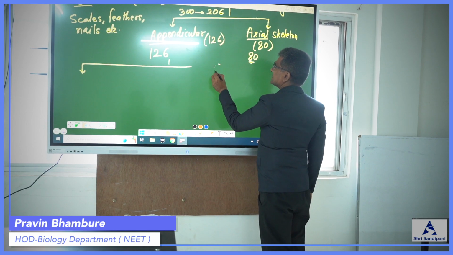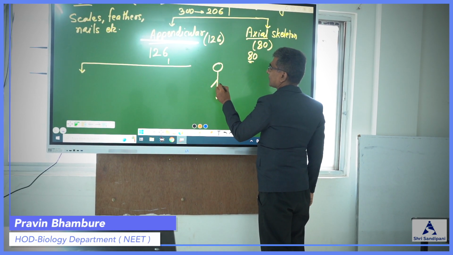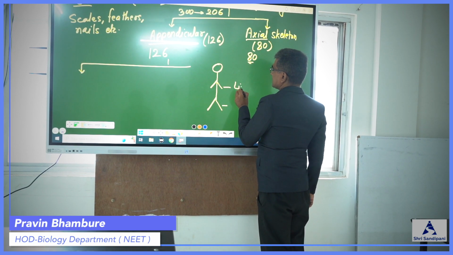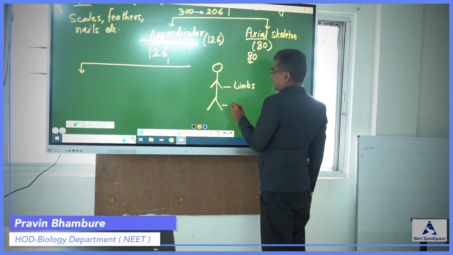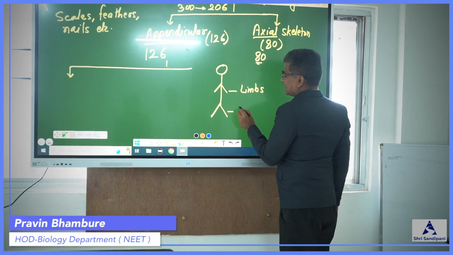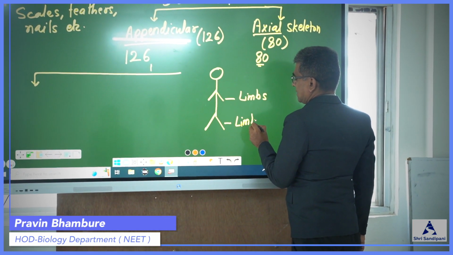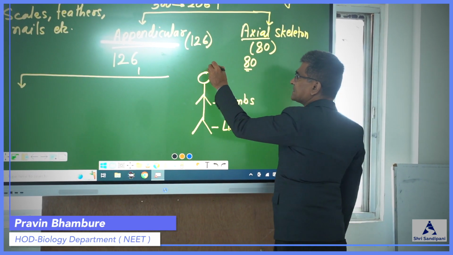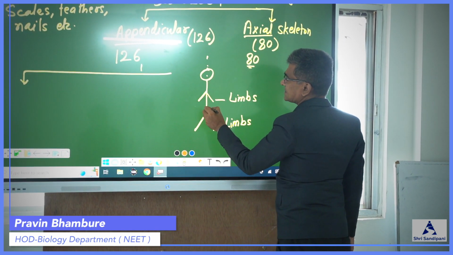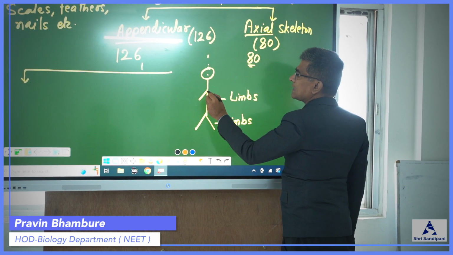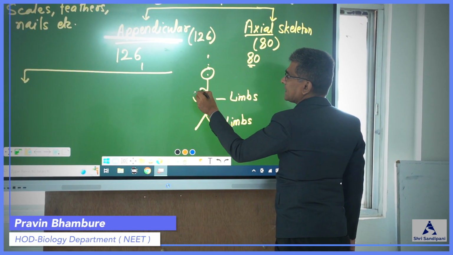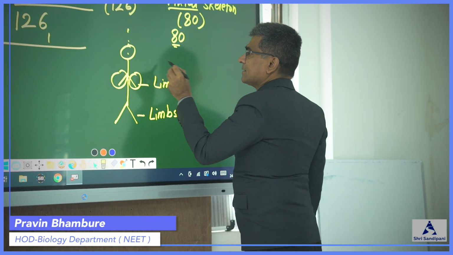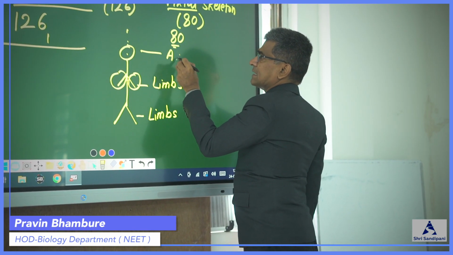For example, this is a human figure. These are called limbs. This is the forelimb and these are the hind limbs, posterior limbs we can say. Now this is the body axis. Whatever is along the body axis will be called the axial skeleton.